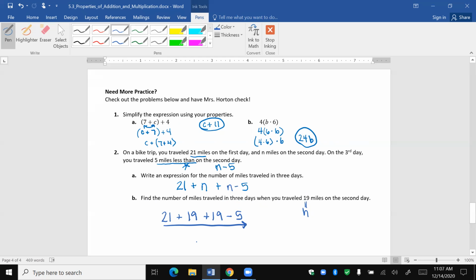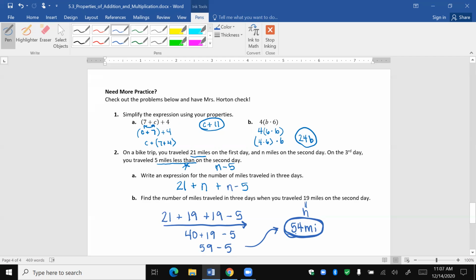So that would give me 40 plus 19 minus 5. This would give me 59 minus 5. And then my final answer, total miles, would be 54 miles.